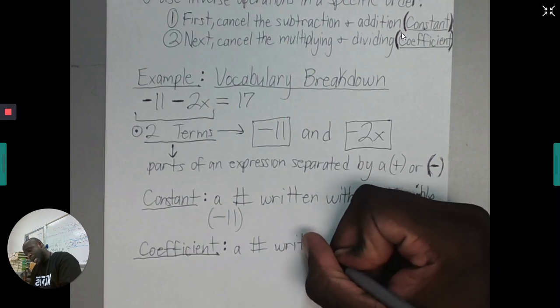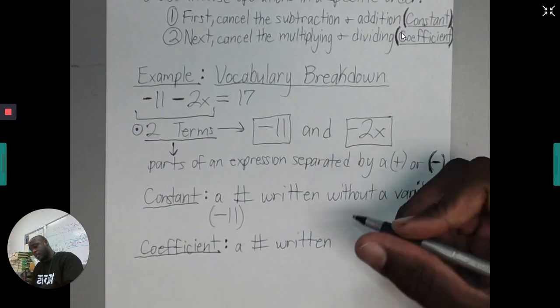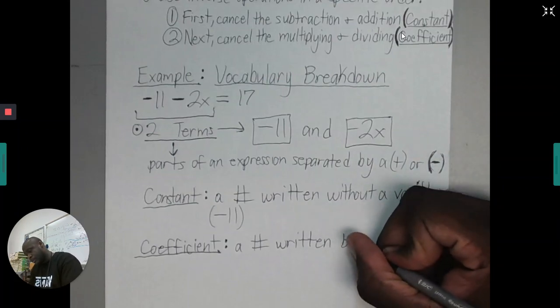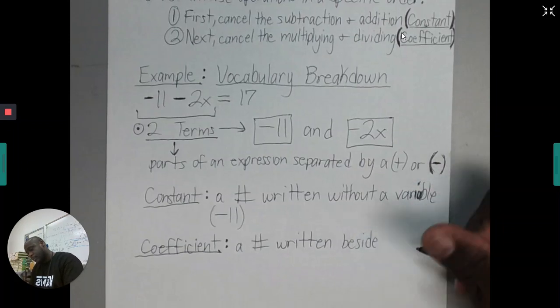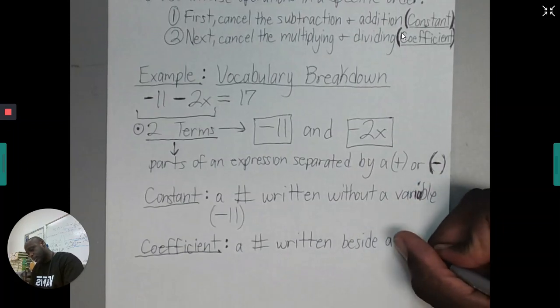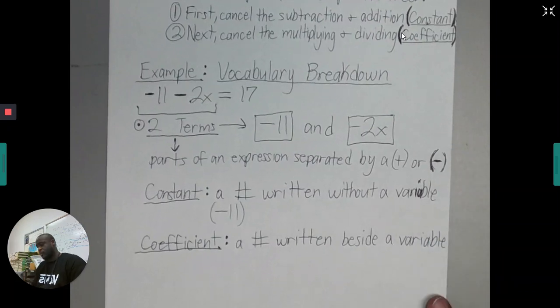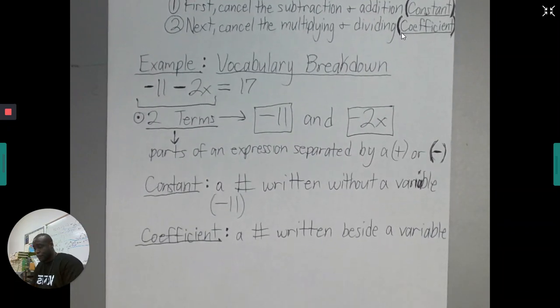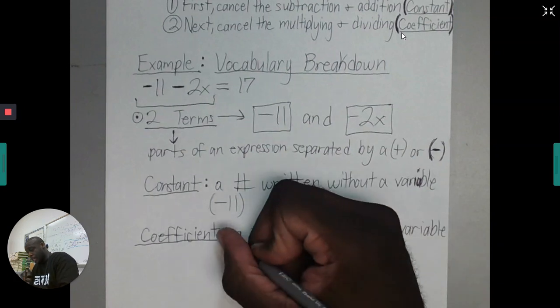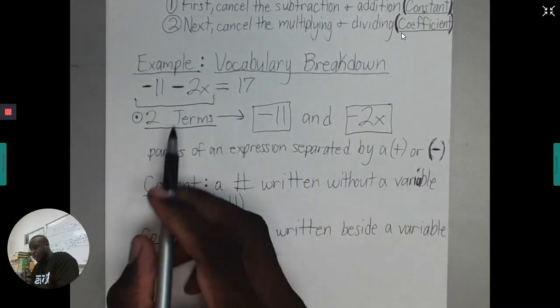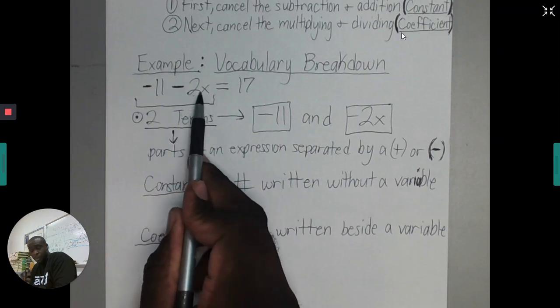So in this case, -2 is the coefficient here, in -2x.